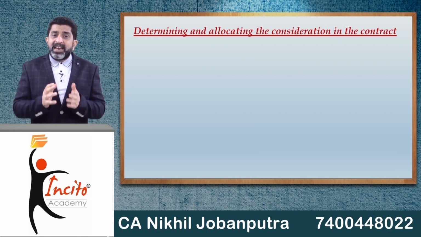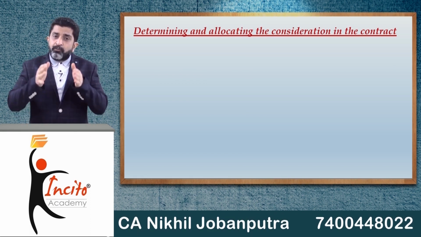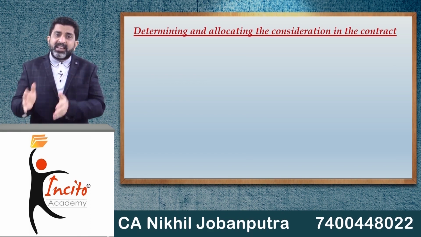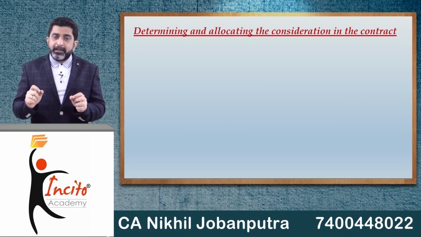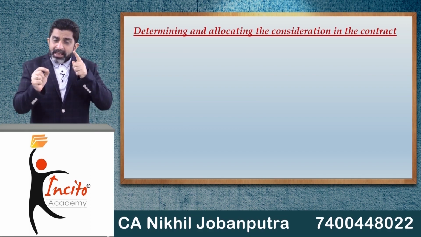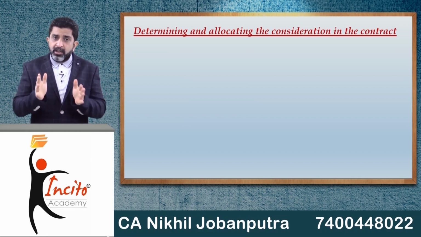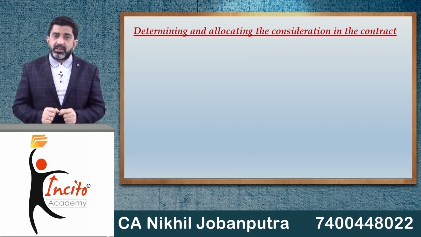What if the lessee does not make that choice and wants to separate the lease and non-lease component and account for these two separately? Then the total payment needs to be allocated between the lease and non-lease component. So we need to understand on what basis you will make the allocation.